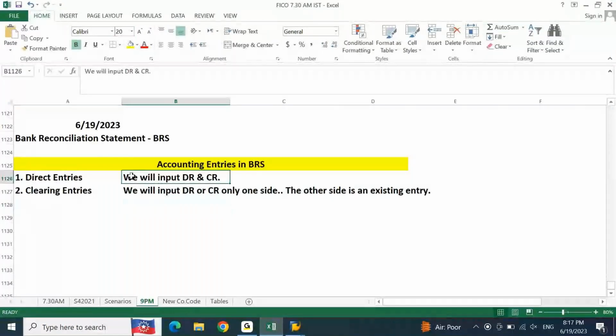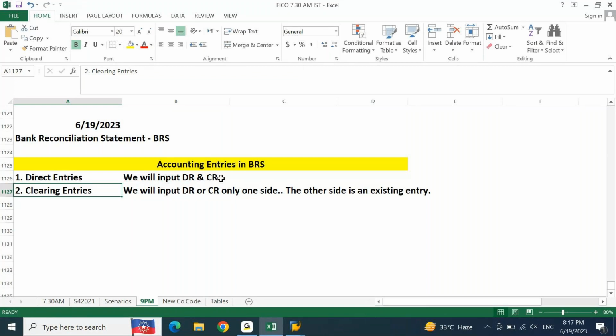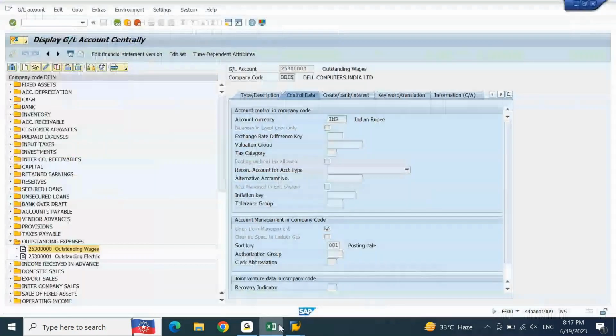Understood this? Whenever you give the debit side or credit side from your side, that is a straightforward direct entry. When you talk about clearing entry, you will have an open item managed GL account, and you are focusing on that open item managed GL account only for clearing transaction. Currently, I will look at this GL account 253 all zeros.